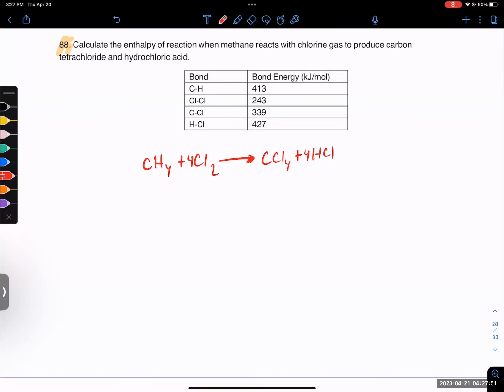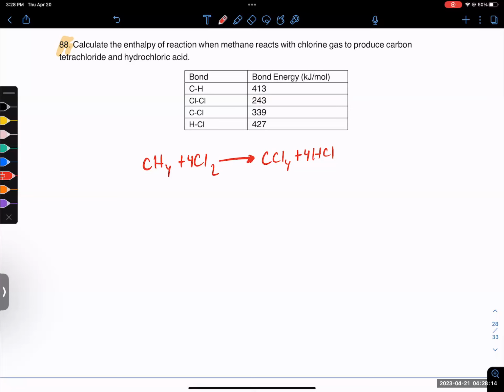Okay, so from here, what's our next step? To find the enthalpy of reaction, don't you need the sum of reactants minus the sum of products? I wouldn't call it reactants minus products, but the bonds on the reactant side. Draw Lewis structures.